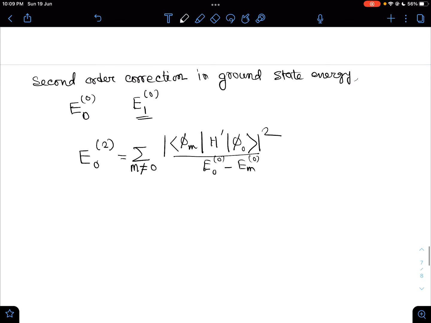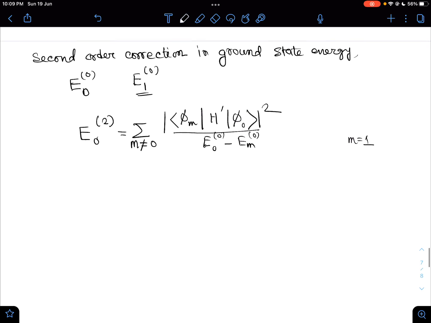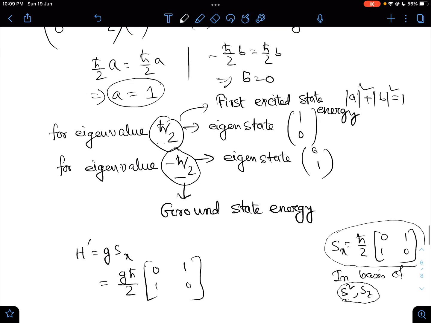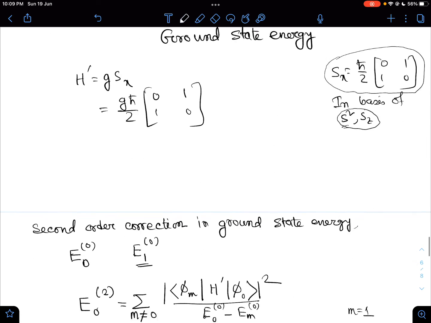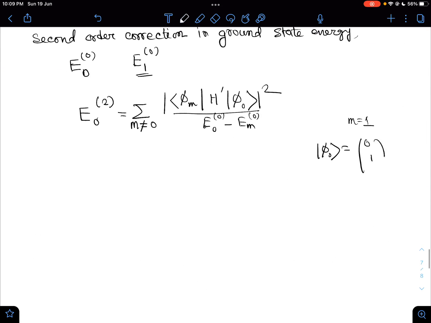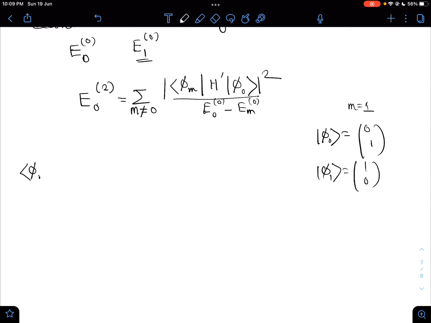Now we know there are only two states, so m can have only the value 1. And what is our psi 0? So psi 0 is basically the eigenstate corresponding to the ground state, so 0 1. So psi 0 is 0 1, and psi 1 is 1 0. So what will be this quantity, psi m H prime psi 0? m can have only the value 1 here, psi 1 H prime psi 0.